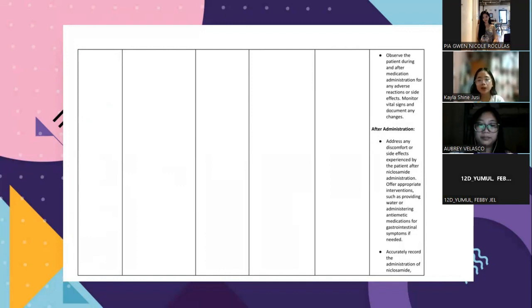After the administration, address any discomfort or side effect experienced by the patient after niclosamide administration, and offer appropriate intervention such as providing water or administering medication for the gastrointestinal symptoms if needed.